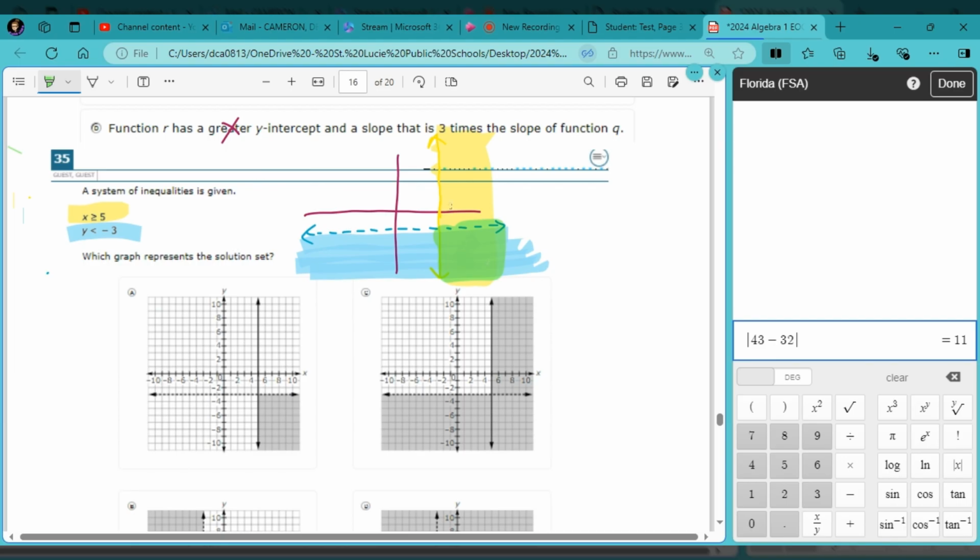I see a solid line on 5, a dotted line on y is -3, and only the green part got shaded on answer choice A, because answer choice A is correct. And 41% of students in Florida got this question right. You can practice this in IXL at lesson S, G, H.